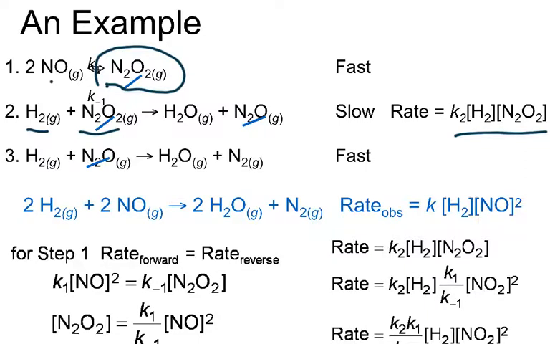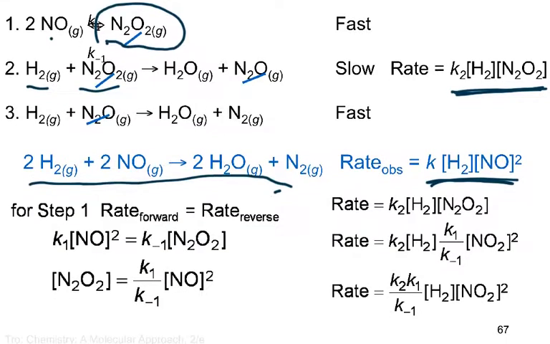So here's our overall reaction. How do we determine if our rate for our slow step is consistent with our rate for our overall reaction? Well, what we're going to do is solve backwards for our intermediates and plug things in.